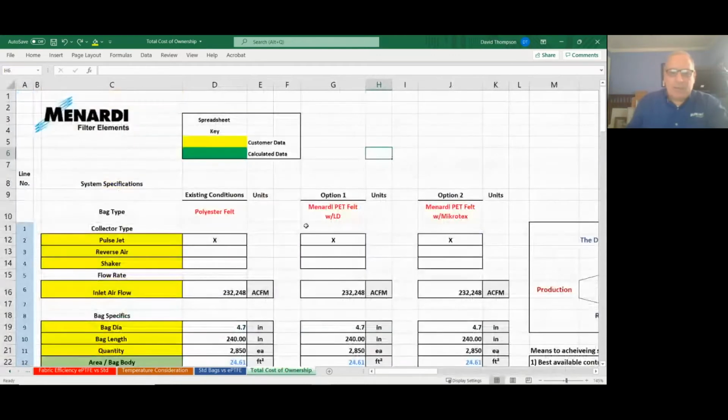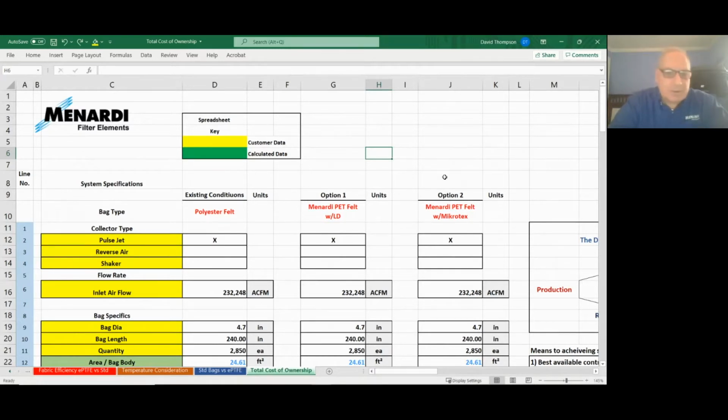We use this to help us select the proper filter bag for an application, one that will give you the most life for your particular application, and then we add into that all the other operations that go along with that.